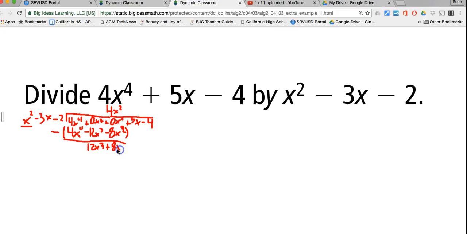Now, remember, we need to drop down our next term, so this becomes plus 5x.